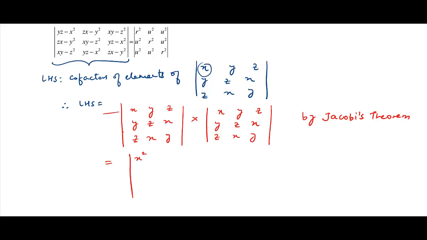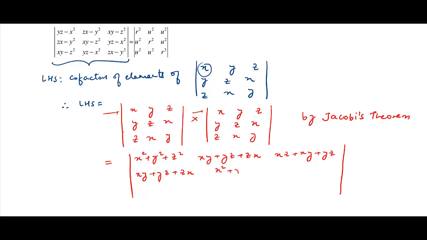we are going for row into row calculations, so you get x square plus y square plus z square, and then you have xy plus yz plus zx, and then you have xz plus xy plus yz, and then again you have xy plus yz plus zx, then you have x square plus y square plus z square, and then again xz plus xy plus yz.